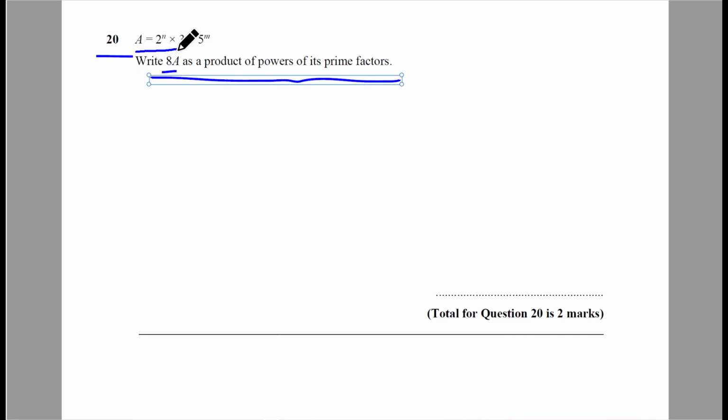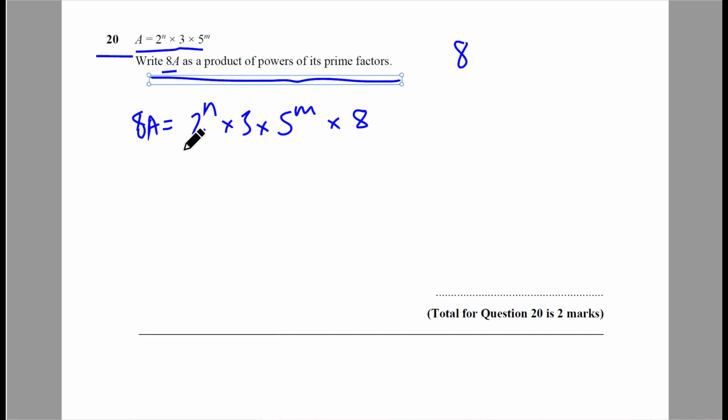So if a equals this, 8a is going to be 2^n times 3 times 5^n times 8, because we just multiplied both sides by 8. Now what is 8 as a power?